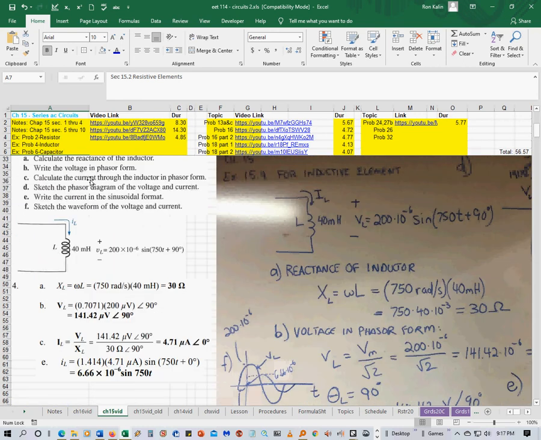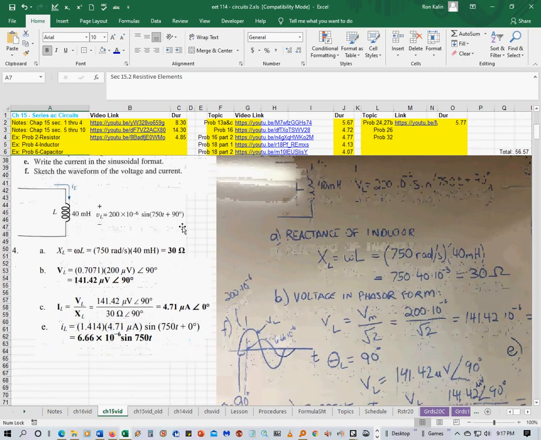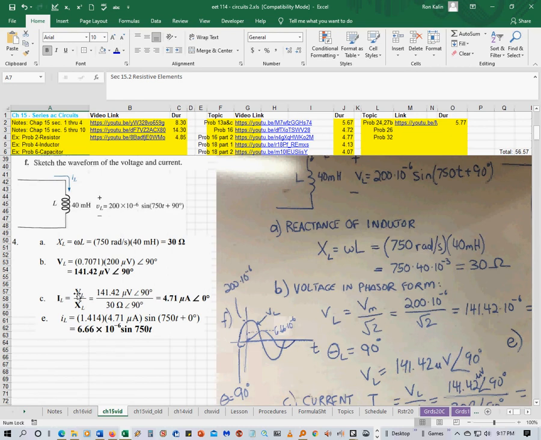Part C says calculate the current through the inductor in phasor form. So the current is going to be VL divided by X sub L, and VL is what we calculated. We already calculated X sub L as 30 ohms, so it'd be 30 ohms at an angle 90. That's the definition of an inductor. It always has a positive 90 phase angle.